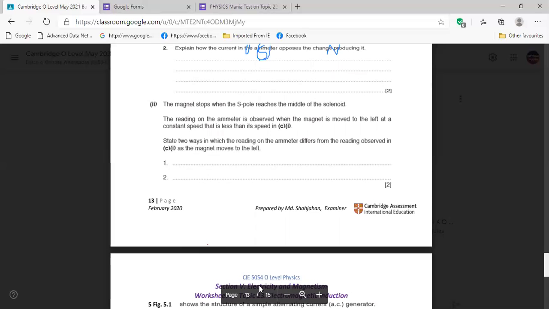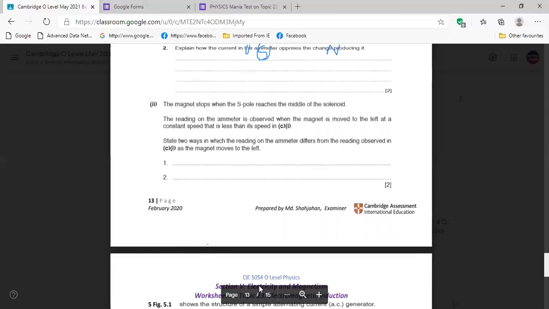So you see what they are saying. The magnet stops when the S pole reaches the middle of the solenoid. The reading on the ammeter is observed when the magnet is moved to the left at a constant speed that is less than its speed in C1. So now the speed is less, isn't it?